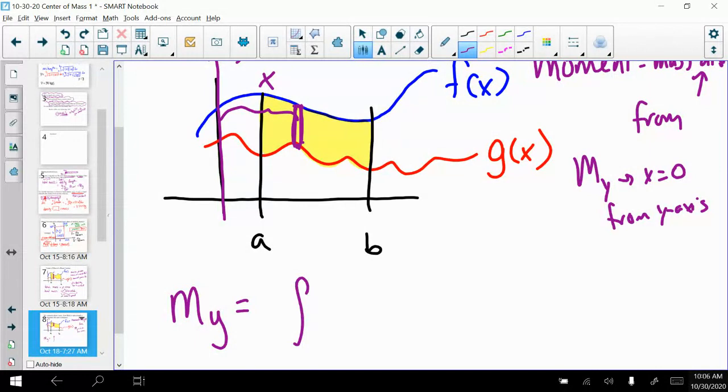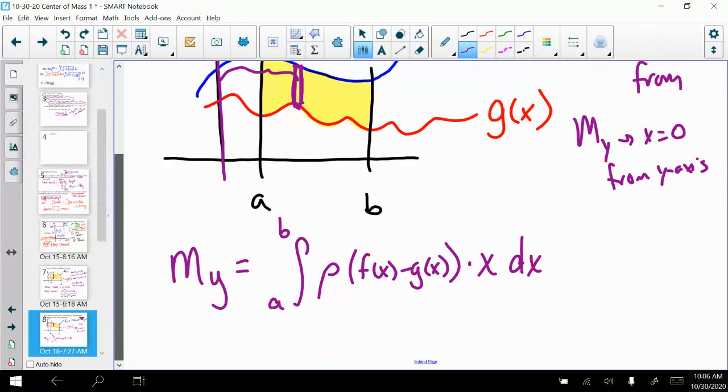So our moment about y, or our measurement for the tendency to spin around y, is the integral from a to b of our mass, so rho times f of x minus g of x, times our distance, which is x. I'm going to rewrite that just a little bit.